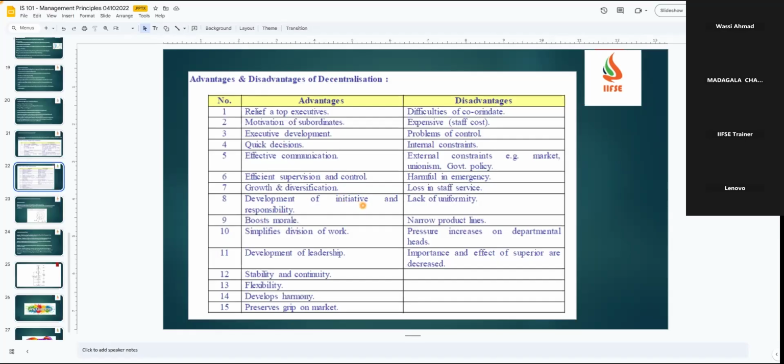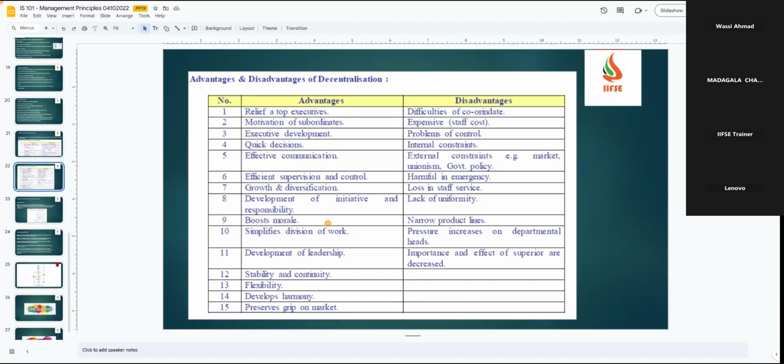Then development of initiative and responsibilities. When you have decentralization, where the management is giving more support to an employee, he can come up with very good initiatives, and he can always try to do some improvements in the process or the area he is working in.